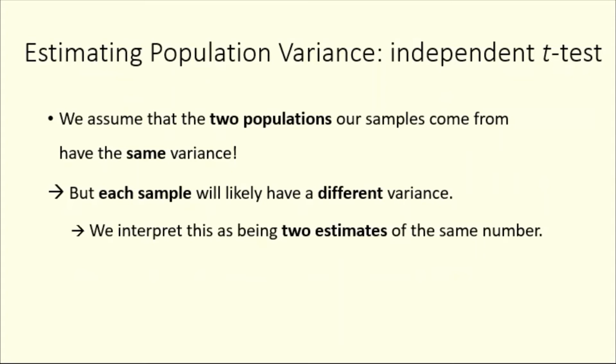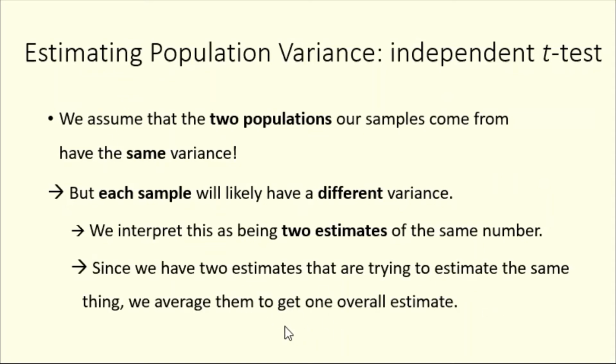The variances of each of our samples are each an estimate of the same population variance, because we assume those 2 populations have the same variance. Since we have these 2 estimates that are trying to estimate the same thing, we're going to average them to get one overall estimate. That's what our pooled variance is going to be.